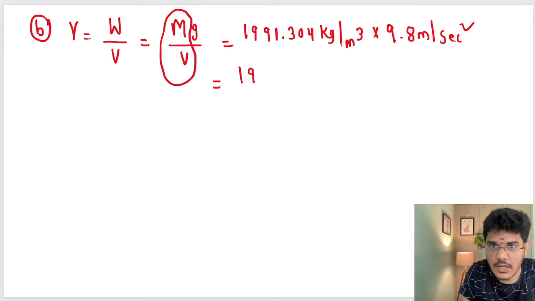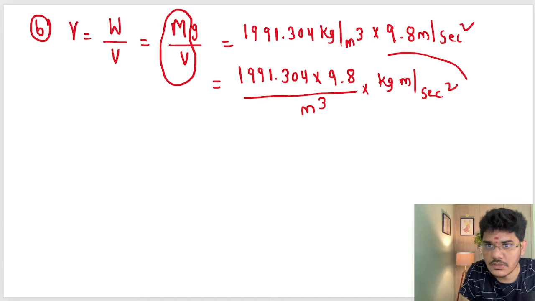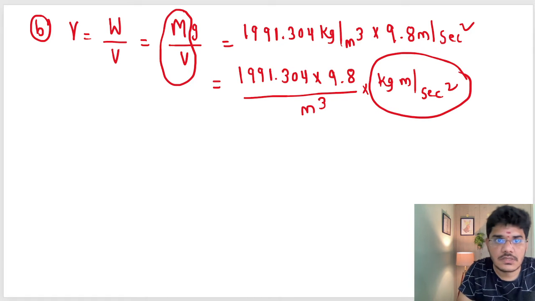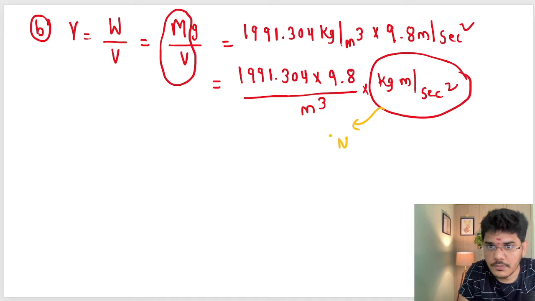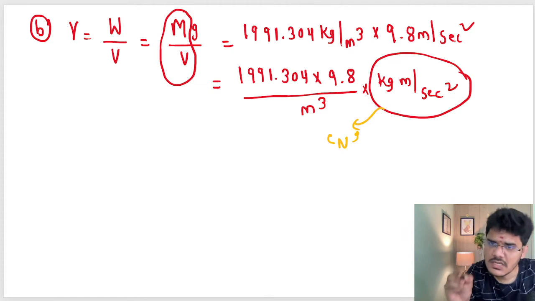So 1991.304 into 9.8, in units of kg meter per second square per meter cube. This kg meter per second square is nothing but Newton, 1 Newton is equal to 1 kg meter per second square.